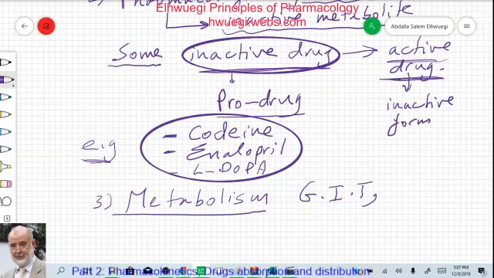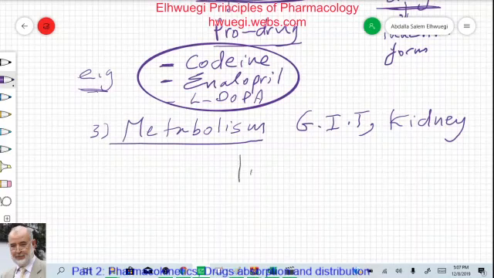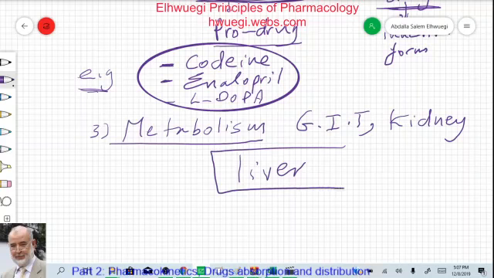Some drugs are exposed to metabolism in the GIT before they can reach the general circulation. Kidney, for example, can be a site of drug metabolism. But the most important site of drug metabolism is the liver. Liver is the most important or main site of drug metabolism.